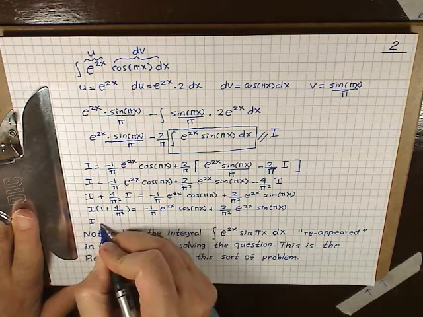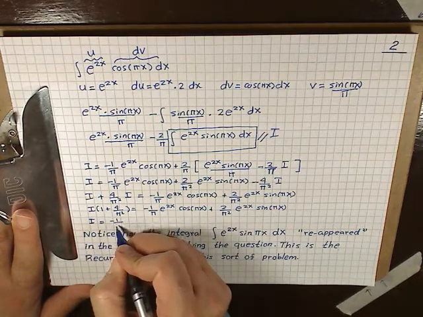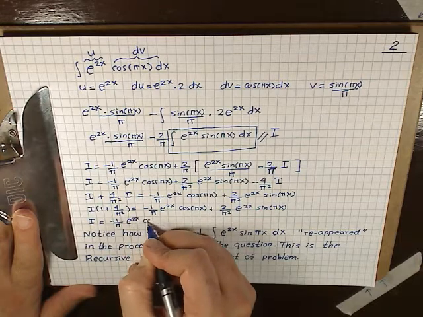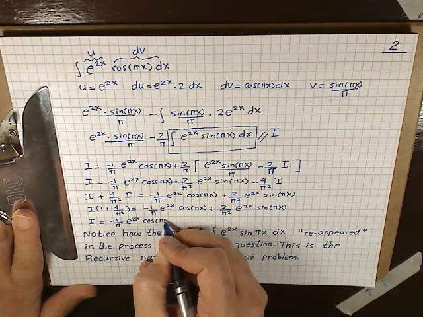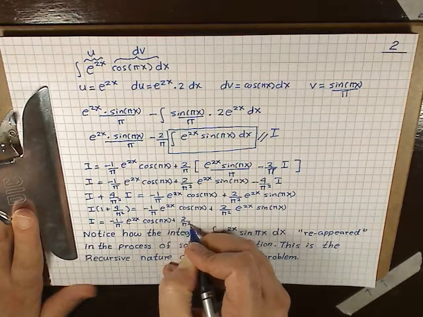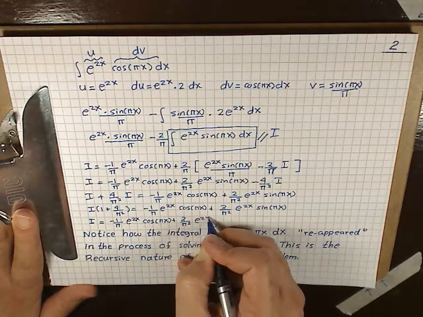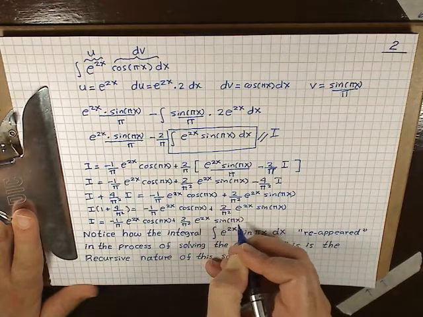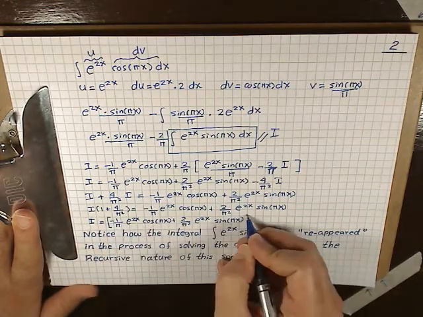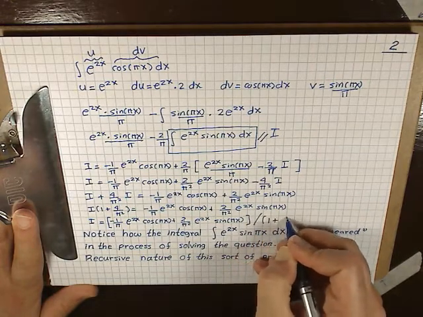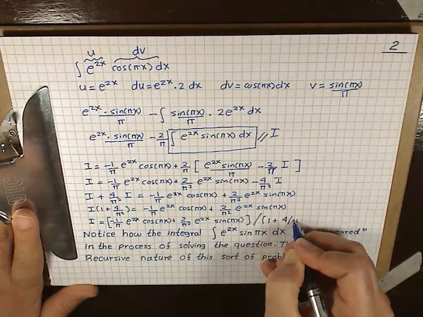We get I is equal to negative 1 over pi e to the 2x cosine pi x plus 2 over pi squared e to the 2x sine pi x. Let's bracket this, all divided by 1 plus 4 over pi squared.